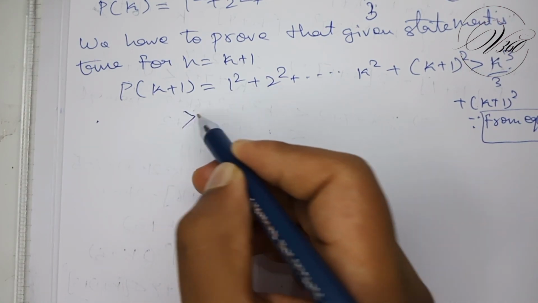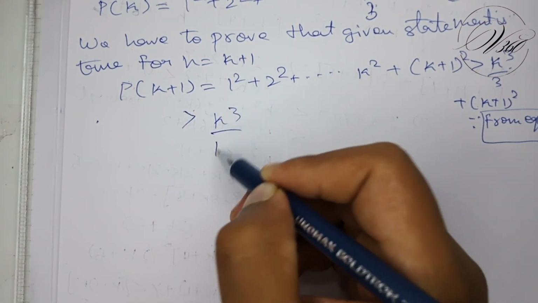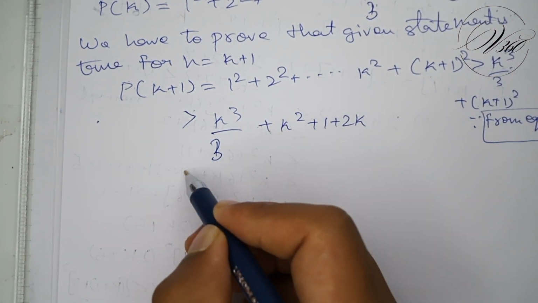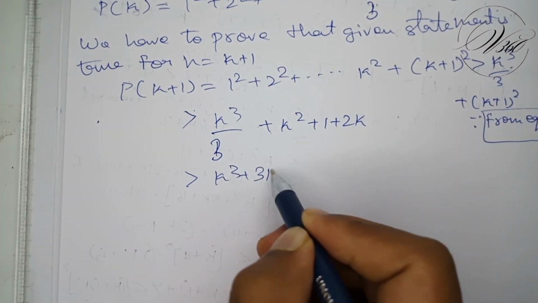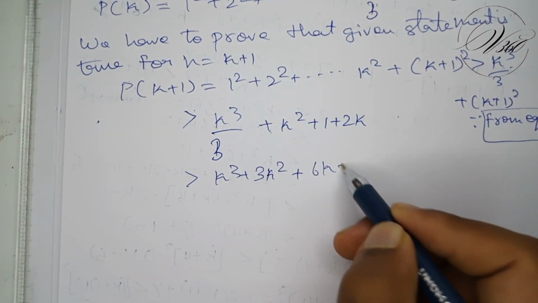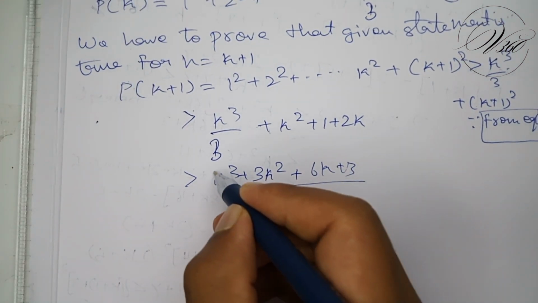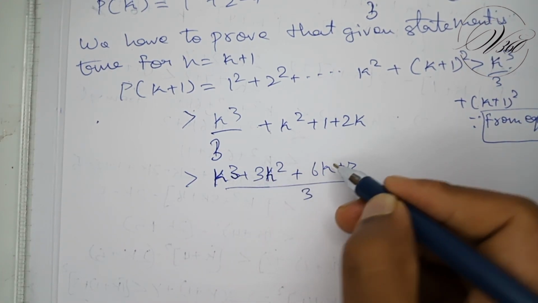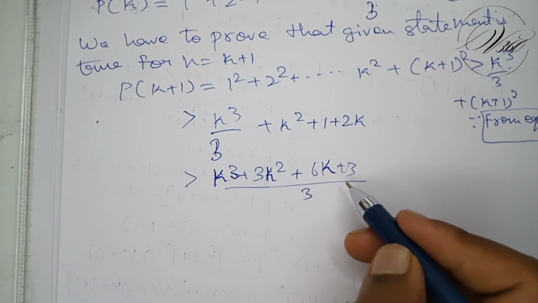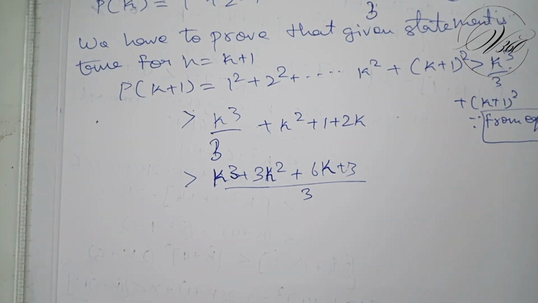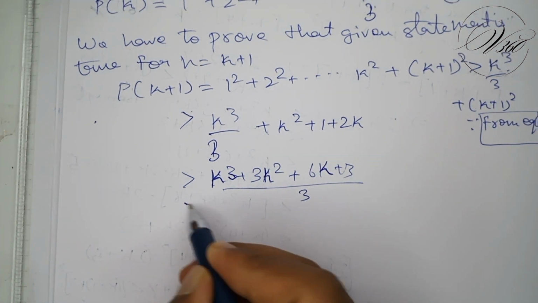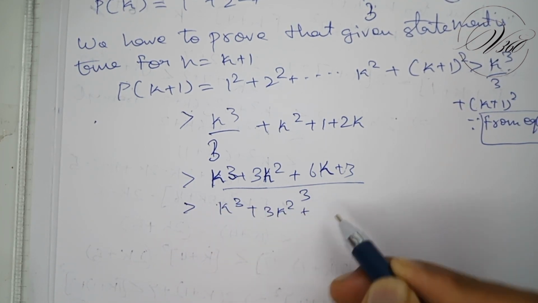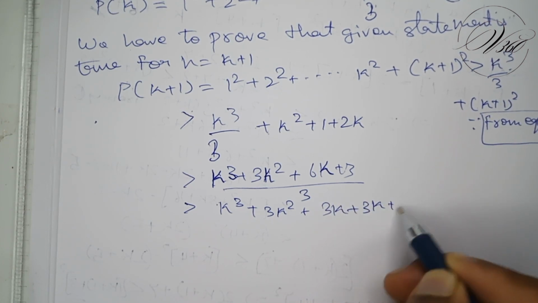I will directly write greater than k cube by 3 plus k square plus 1 plus 2k, greater than k cube plus 3k square plus 6k plus 3 by 3, which is k cube plus 3k square plus 3k plus 3k plus 1 plus 2.